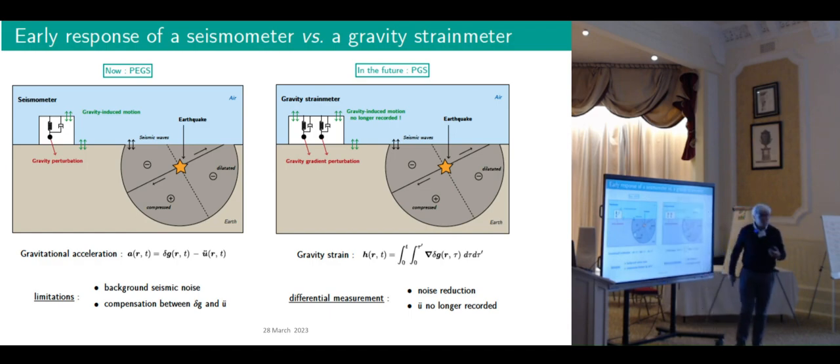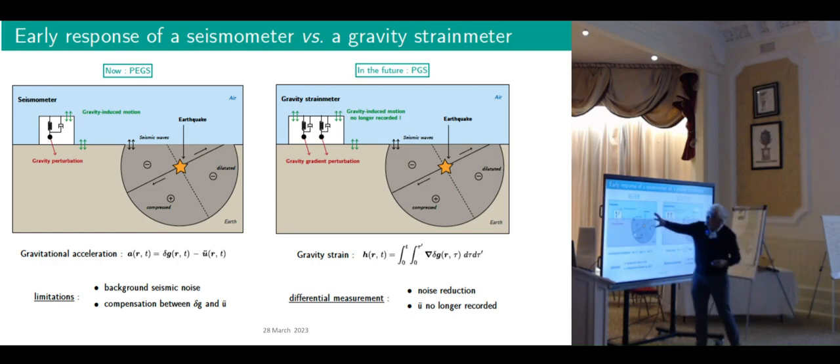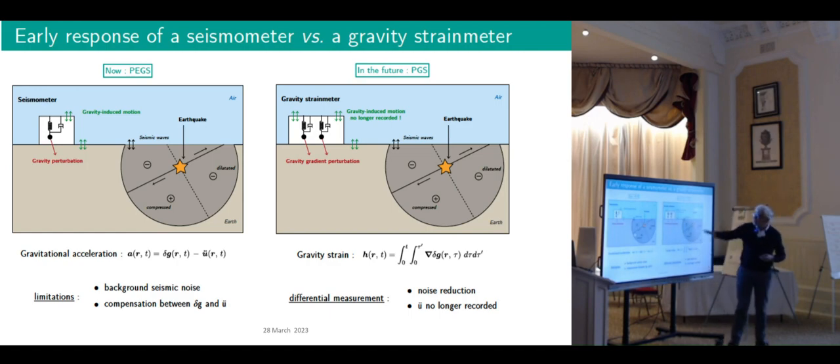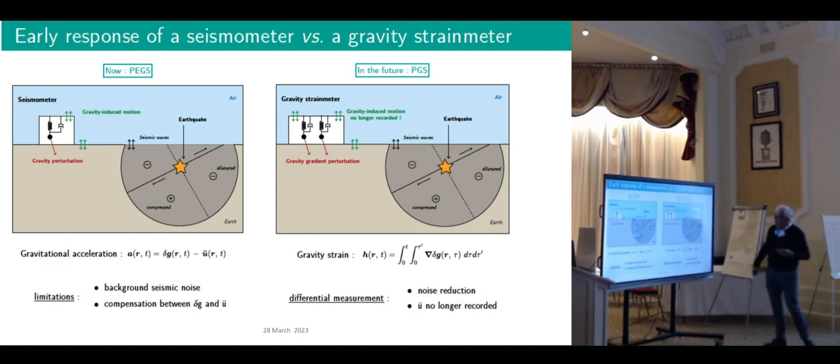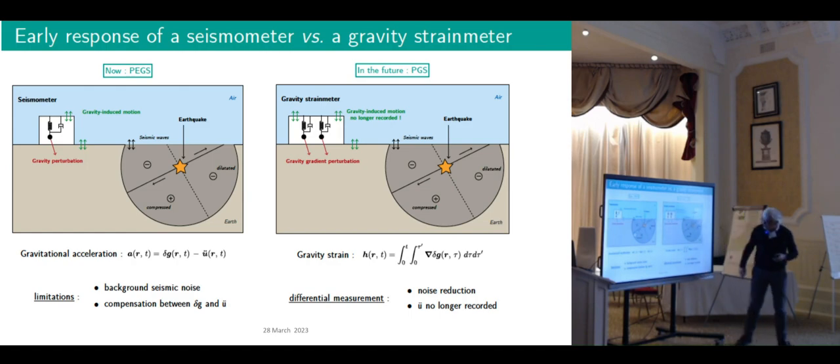The simple idea to apply is to say, okay, instead of one seismometer, we put two seismometers, and we define the gravity strainmeter. In that case, we get rid of the ground acceleration, so we work on the gravity gradient, and we can have a better estimate of the gravitational anomaly.